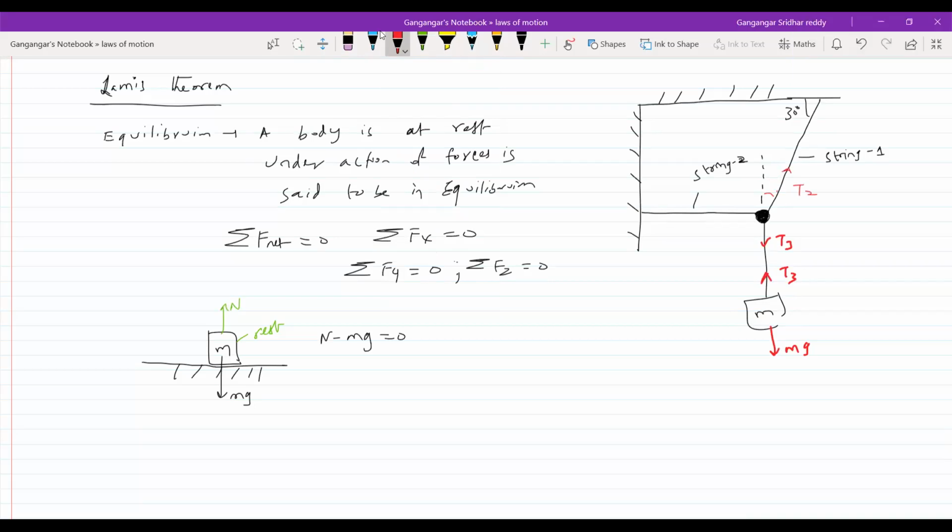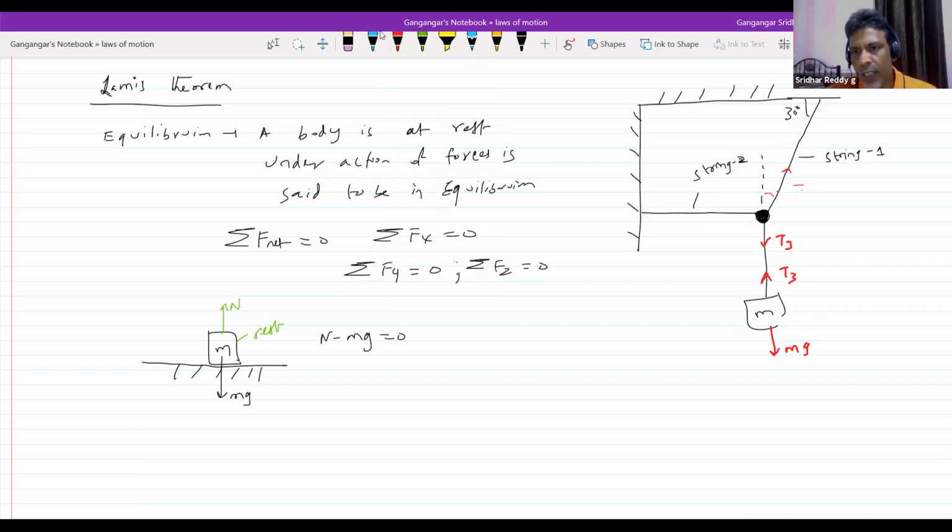This will be 60, no? And call this T1. This tension you call T2.